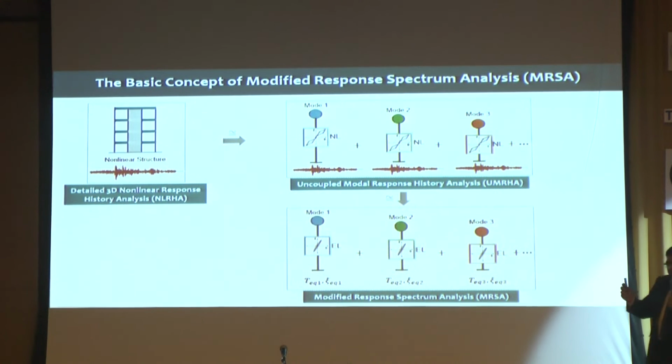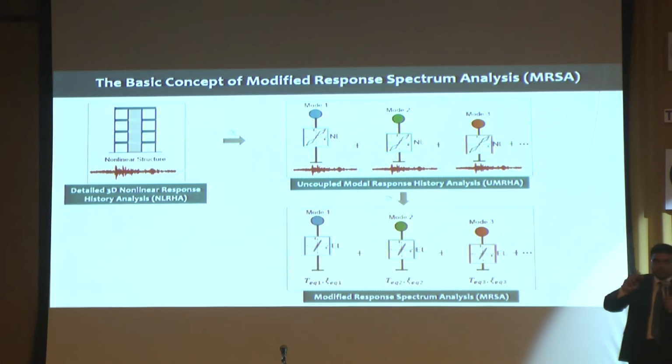So we mix these two ideas, the idea of modal separation and equivalent linearization, to come up with this basic concept of modified response spectrum analysis. What we can do is just modify our linear elastic model, and if that modification is smart enough, the response spectrum analysis of that modified model should give results close to time history results following this path.